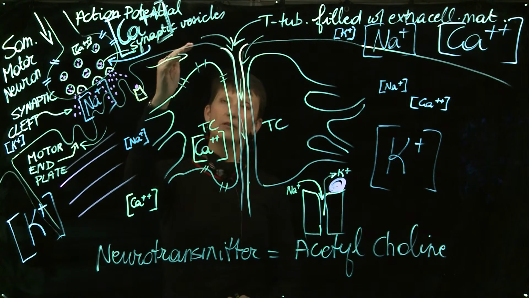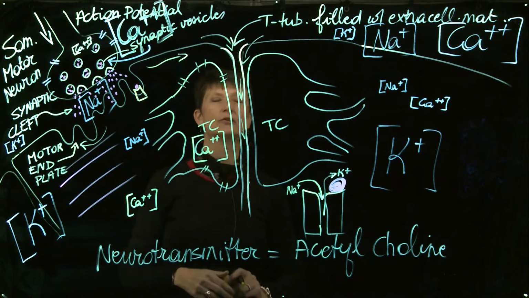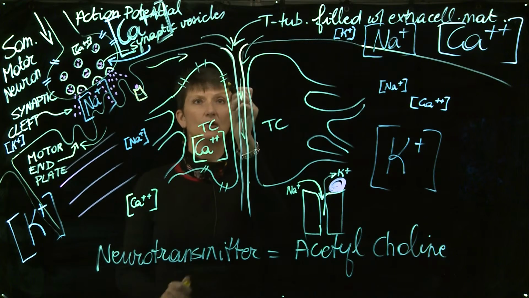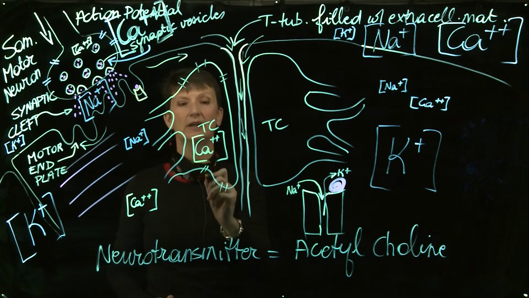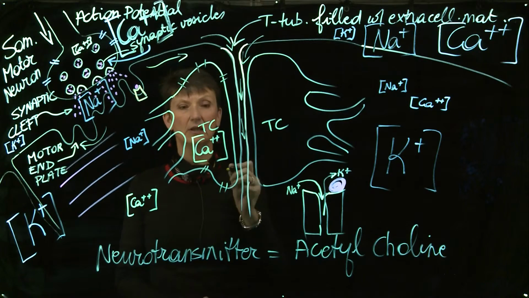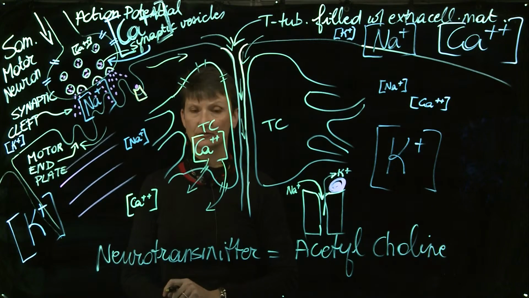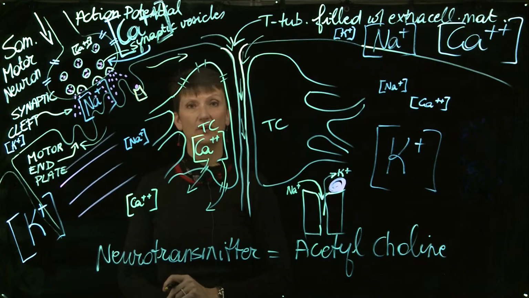So the arrival of the action potential down in the T-tubules is such that it's now in close proximity to the calcium ion channels in our terminal cisternae, such that calcium will be released. And this is again passive transport, diffusion. Our calcium ions are just following their concentration gradients.